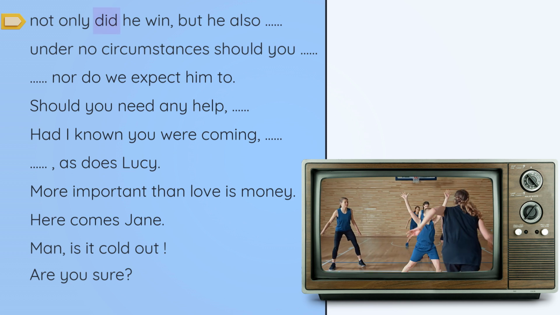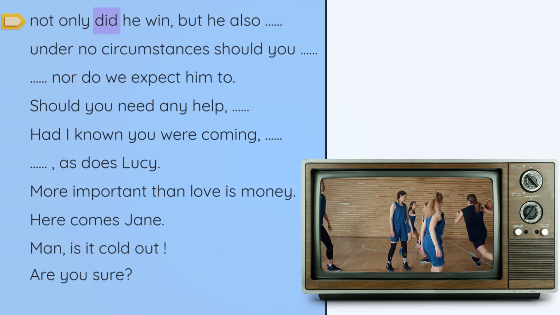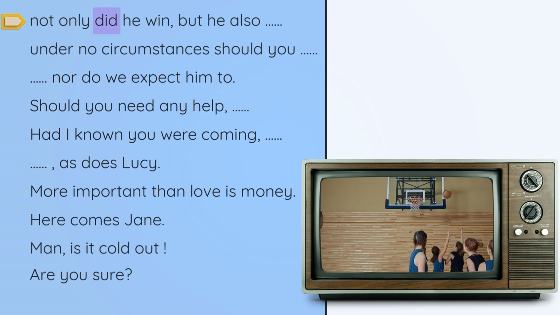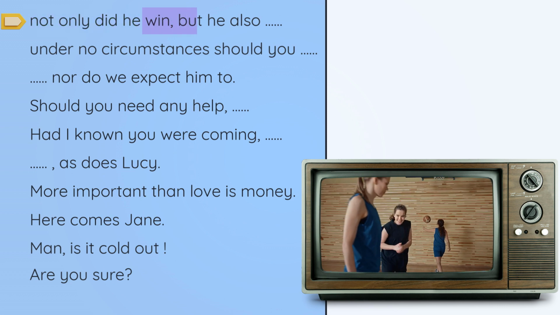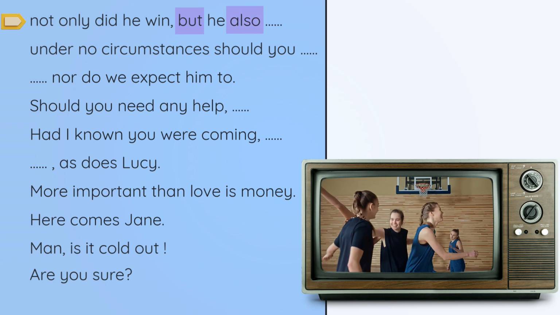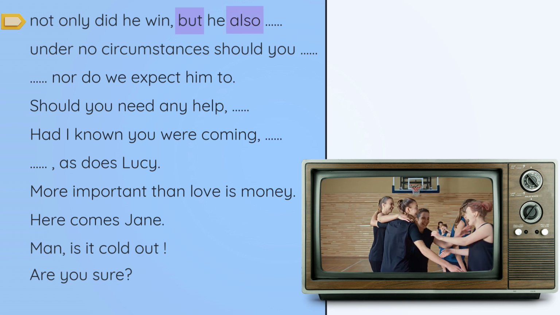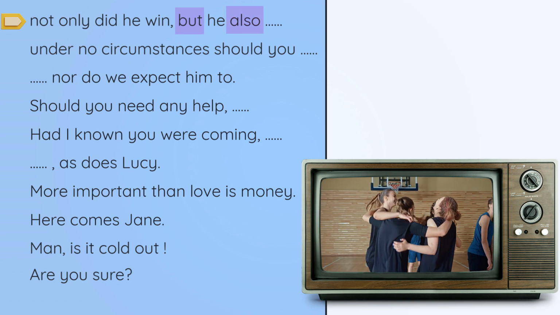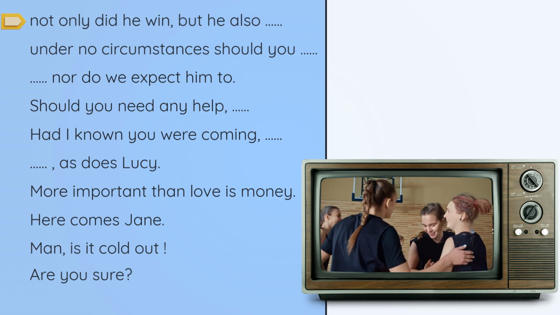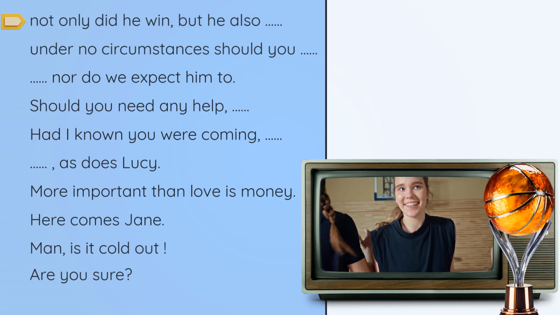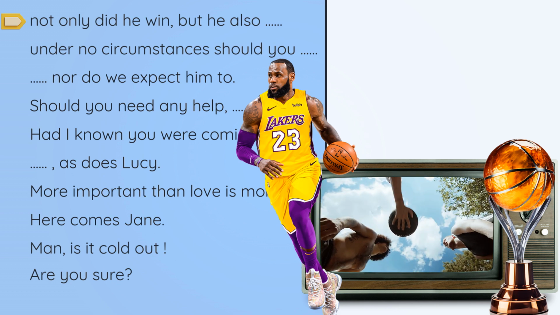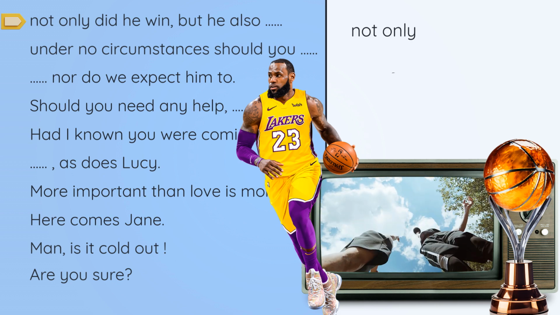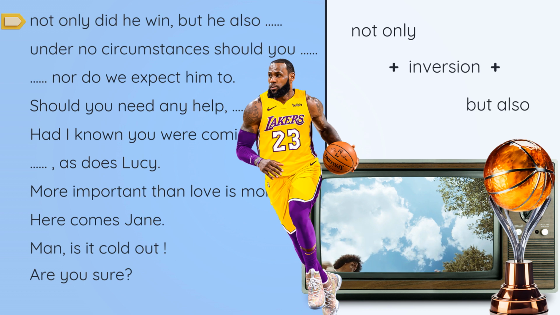We have the helping verb, the auxiliary verb to start. "Not only did he win," and then we have the "but also" to go with "not only." This is like an expression that's fixed. You're always going to be looking at the same thing. "Not only did he win, but he also broke the record." Whatever. Not only inversion, but also.